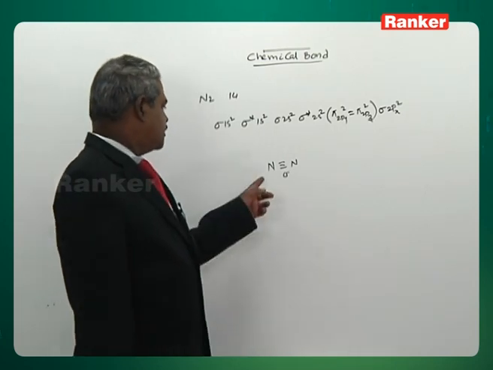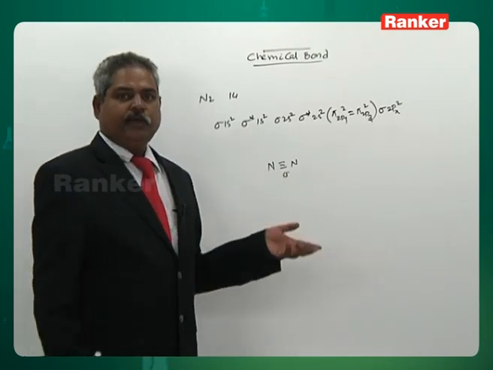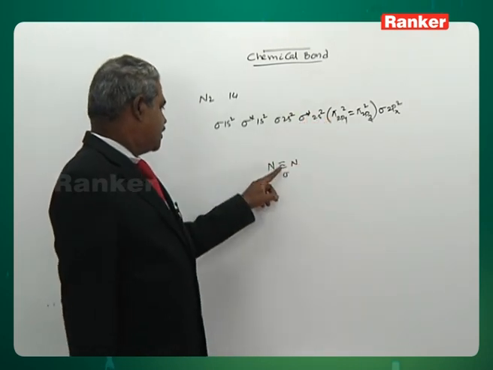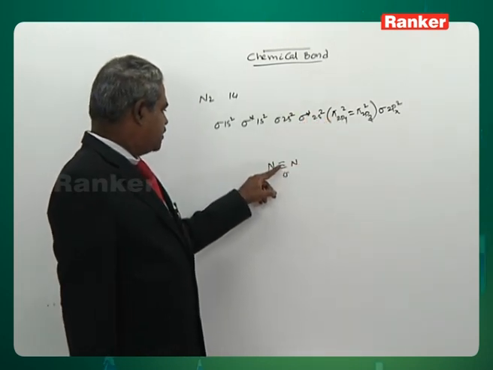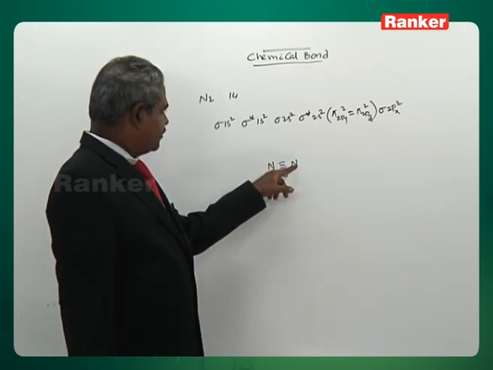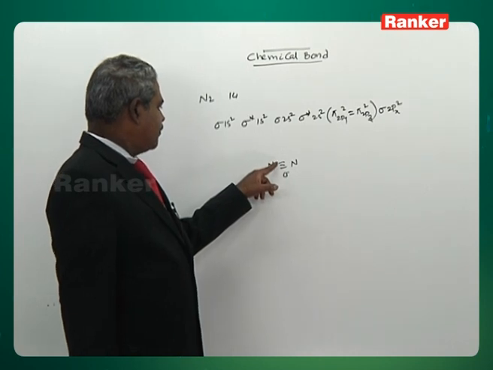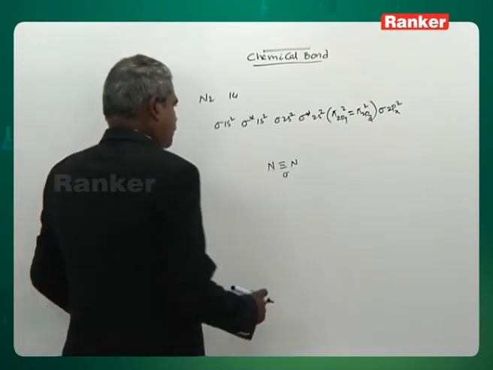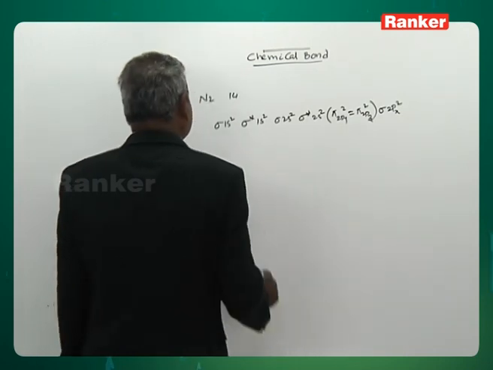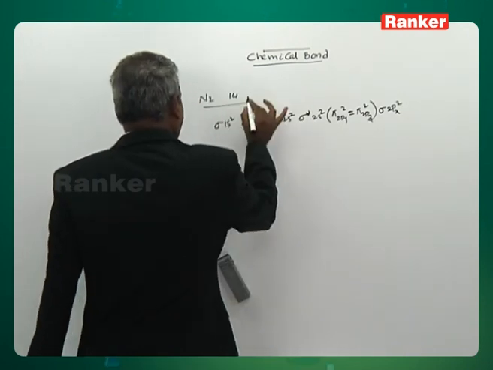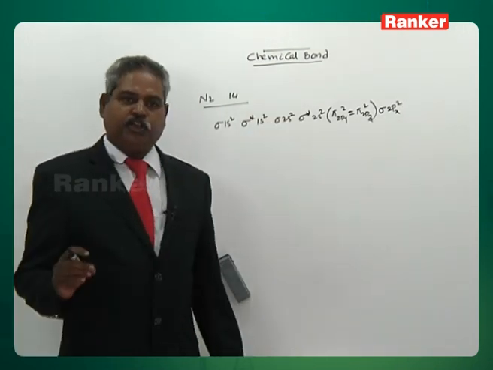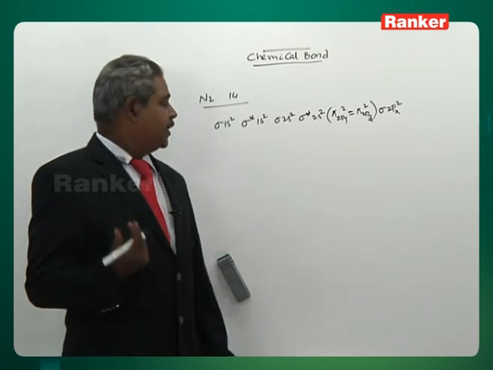This is a sigma bond formed by 2px, this is a pi bond formed by 2py of this and 2py of that. Now pi 2py2, pi 2pz2, sigma 2px2, this is up to 14. So up to 14, this is the order. After 14, the order changes a little. We will discuss it a little later.